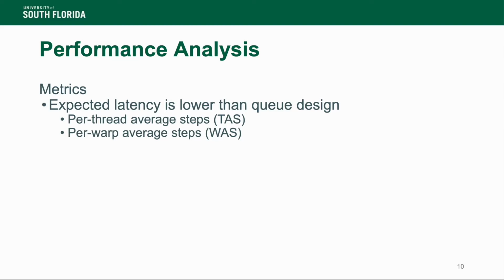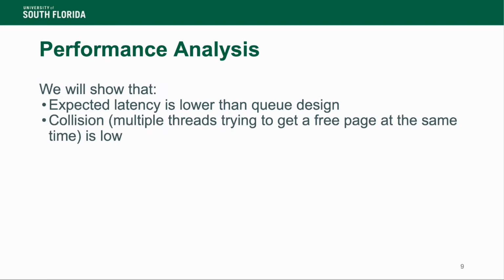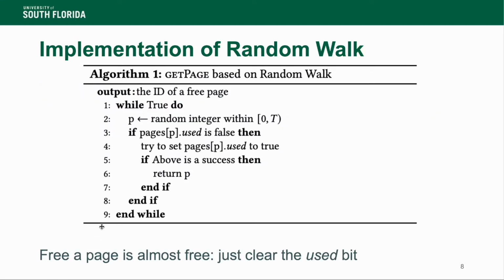The first one is called per thread average steps, TAS, which is the average number of steps taken to find a free page for a thread. In the algorithm that we showed, this is essentially the average number of iterations executed for the while loop in line 1.